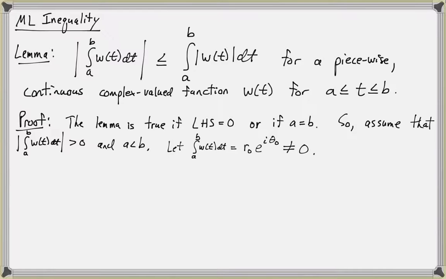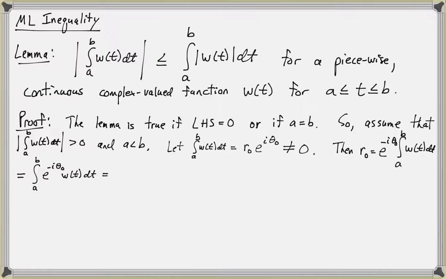So then I can rewrite r0 in the following way. r0 will equal e to the minus i theta 0 times the integral from a to b of w(t) dt, and I can pull this exponential factor inside since this is an integral of the real variable t. e to the negative i theta 0 is a constant, so I have the integral from a to b of e to the minus i theta 0 w(t) dt.